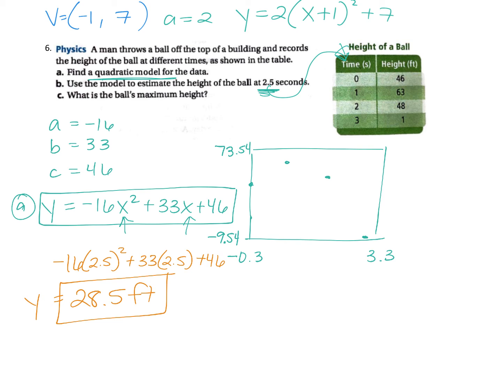And then what is the ball's maximum height? Oh no, we're good. The ball's maximum height. So 28.5 is not the maximum height, right? What we found here is the height of the ball after that amount of seconds. We need to figure out the vertex. I don't make you do this part on the quiz.